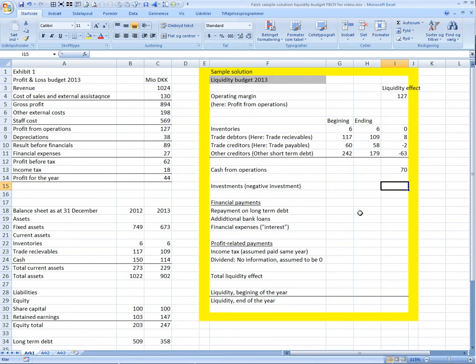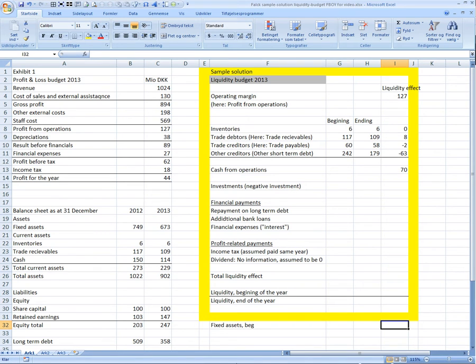This was probably one of the most challenging, a little bit unusual things in this exercise and this assignment, because it's negative. How could we find out? It doesn't tell us anything about the investment, so we have to derive them. How can I show that down here? Investments are related to the fixed assets at the beginning of the year.